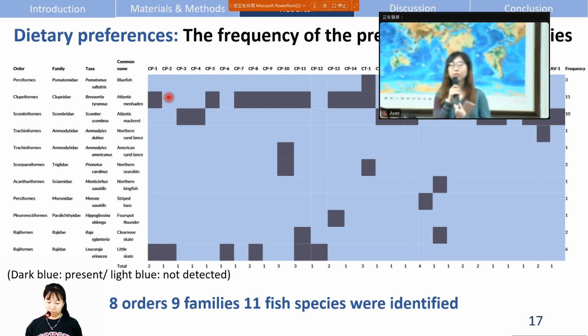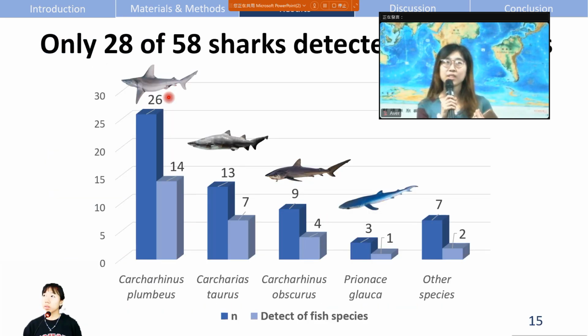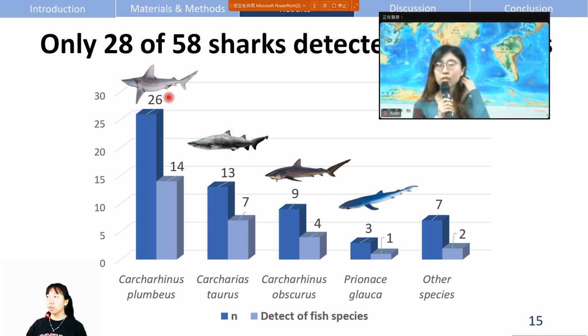I want to ask, you said on the PPT that there are 28 samples that can be detected species. Does that affect the results? She asks whether the number of samples, only 28, will affect the results.